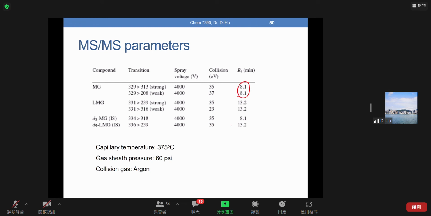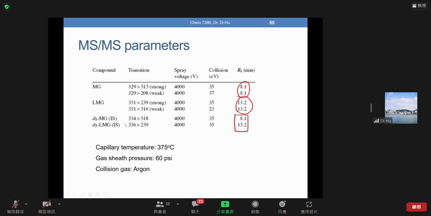8.1 for melanocortin green, and 13.2 for leucomelanocortin green. I also see that these two internal standards come out at the same retention time as their corresponding compounds. So how can they be differentiated? You see, they co-elute, so how can you say which one is which?